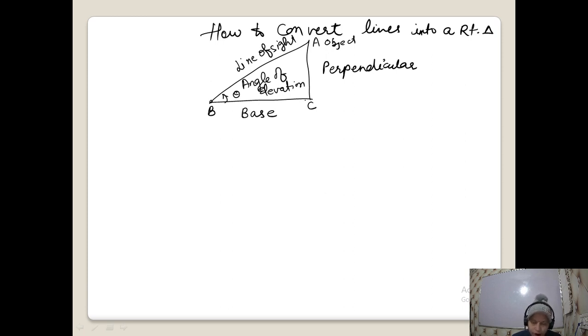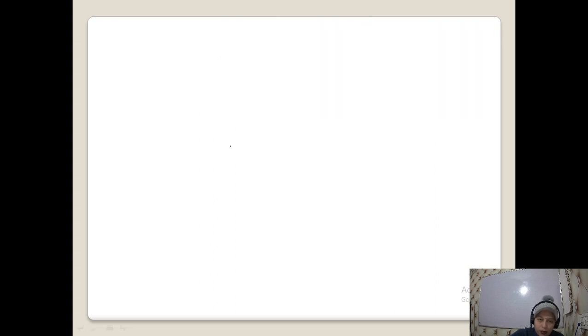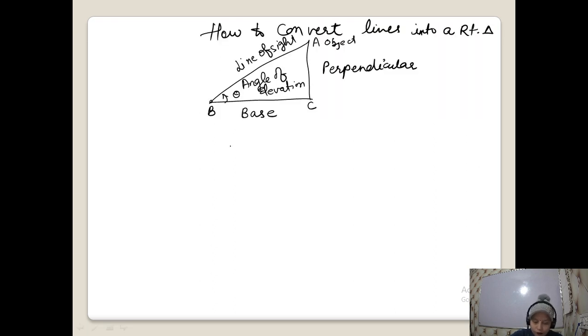Now if it makes an angle of depression, then we may draw the diagram like this.